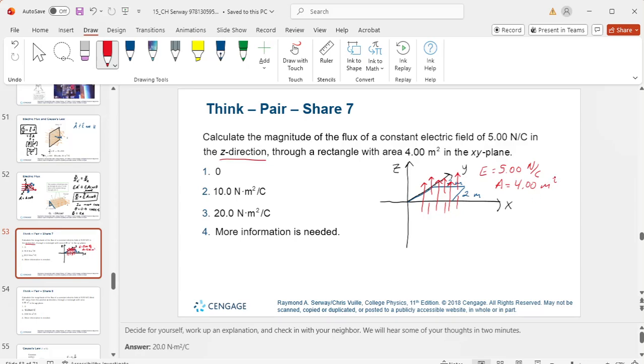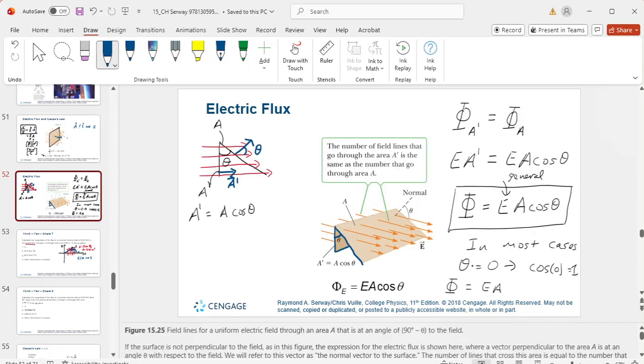And because the direction of my surface is perpendicular to the plane, the direction of my area is also going to be parallel, in this case, to the field. And when that happens, if the angle between the field and the area is 0, the cosine of 0 goes to 1, and my calculation just reduces to EA.